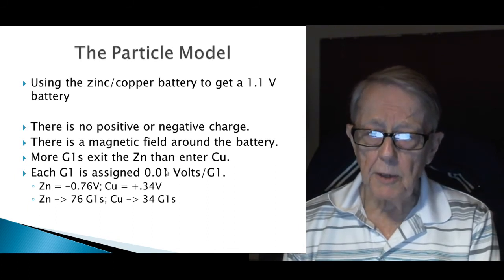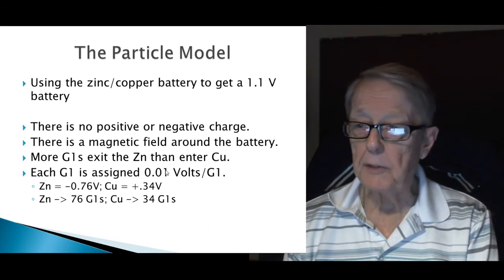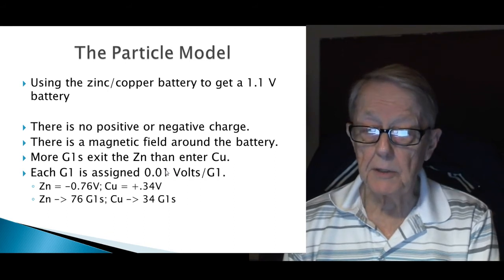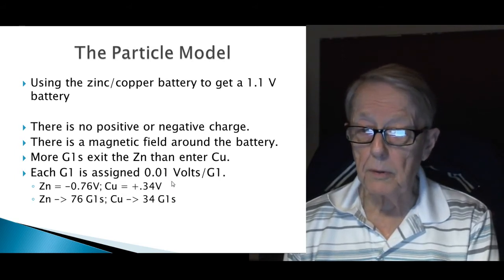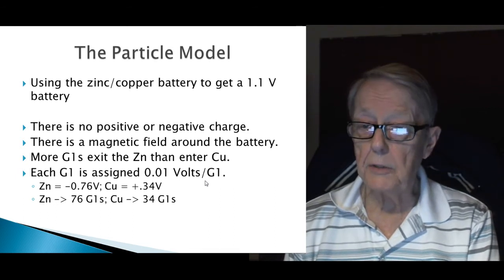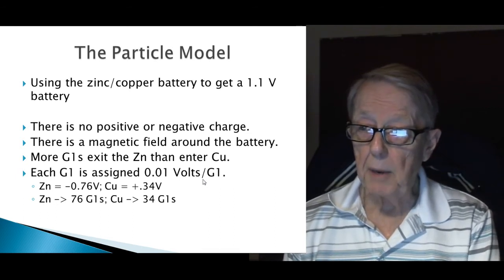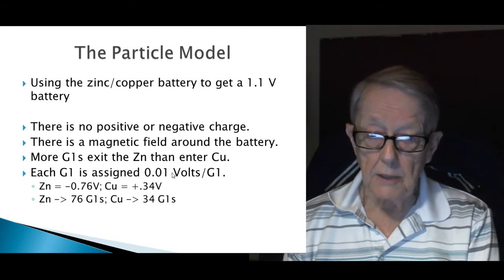Now today I'm going to change the voltage rating of the G1, and that's just for convenience. Number one, it's a false number. It's not necessarily at all true. The 0.1 volt per G1 that I used to use is an assignment that is wrong, and so is this.